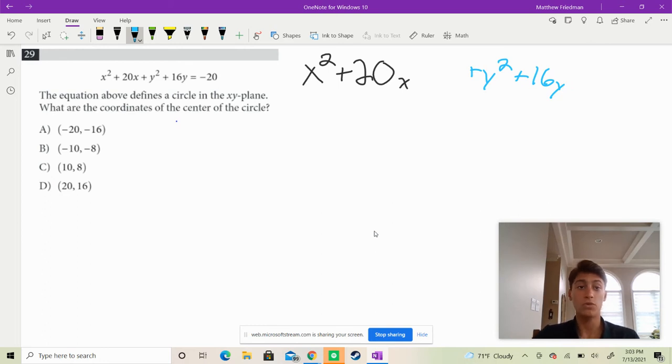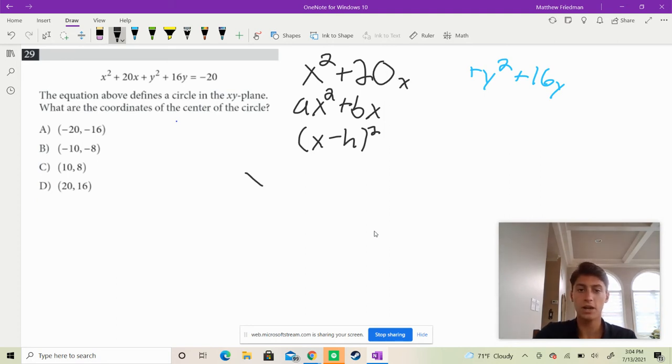Right now, these are both in the form of ax squared plus bx, where a here is 1 and b here is 20. B is the number next to the x, a is the number next to the x squared. So it's in this form, but we need to get it into this form. So how do we do that? We use a process called completing the square. So here's how it works.